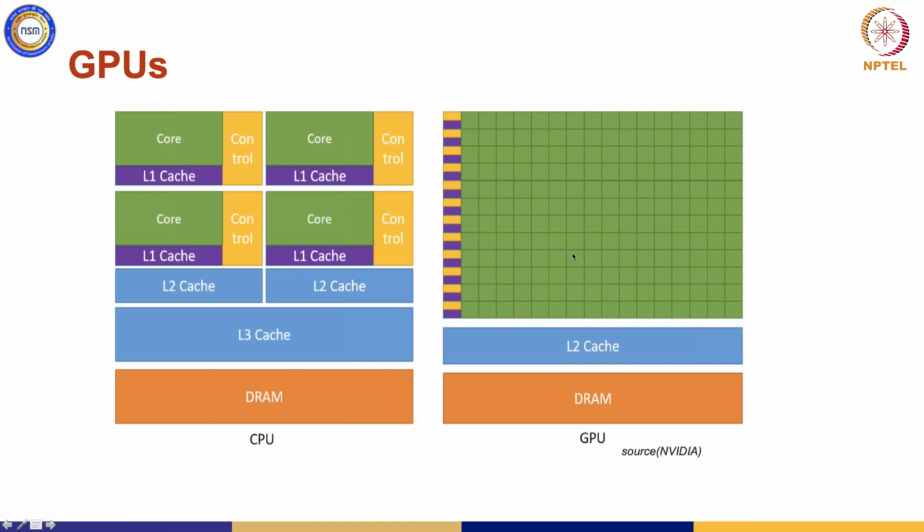For the GPU, you have these huge, massively parallel processing cores, and each of them has its own control and cache. And then you have L2 cache and the RAM. The way in which they are programmed for massively parallel applications is a bit different. Not going into the details, but this is how the CPU architecture and the GPU architecture differ. So massively parallel programming is supported by GPUs.